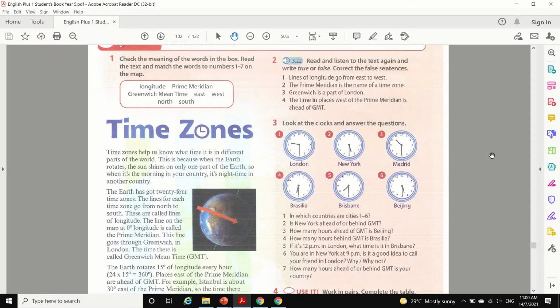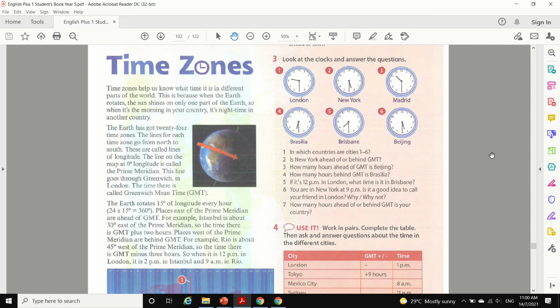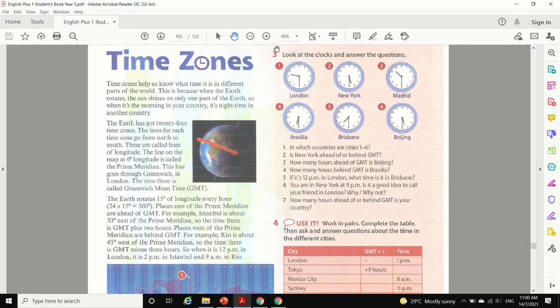Okay, next we go to question 3. Okay, section 3. Look at the clocks and answer the questions. In London it is 9:30. New York is 5:30. Madrid is 10:30.